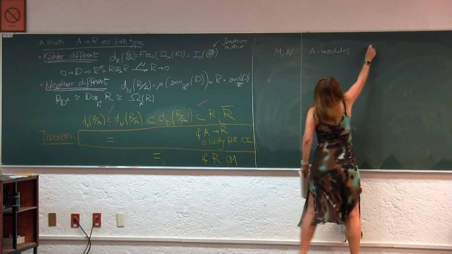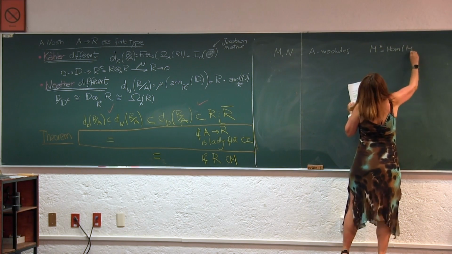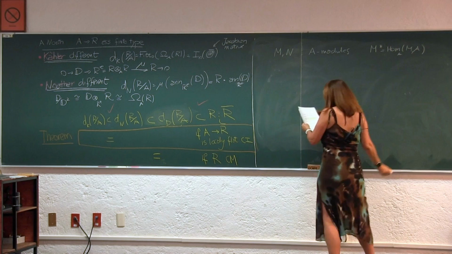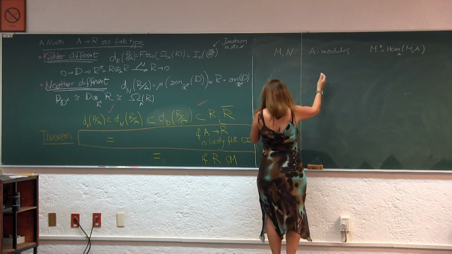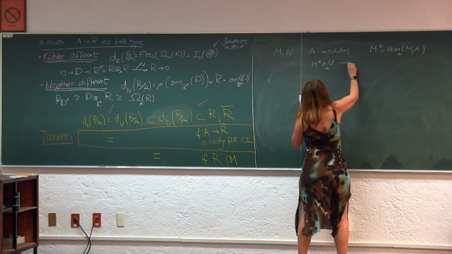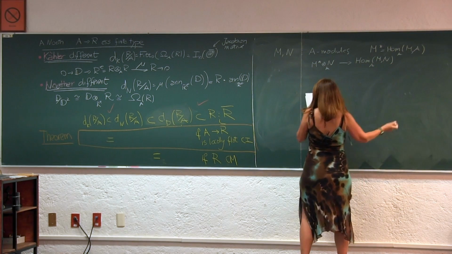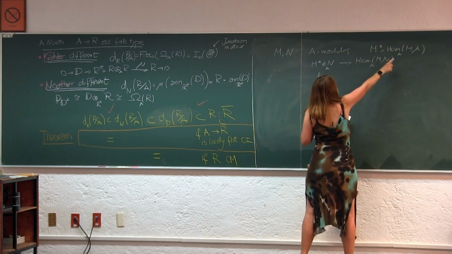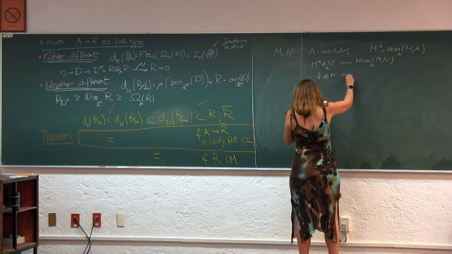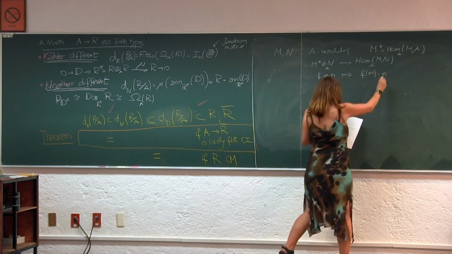So in general, if you have M and N A-modules, A is any ring, okay? And let M star be the dual of M. Then there always exists a map from M star tensor N that goes to Hom of M, N. And how can we define this map?